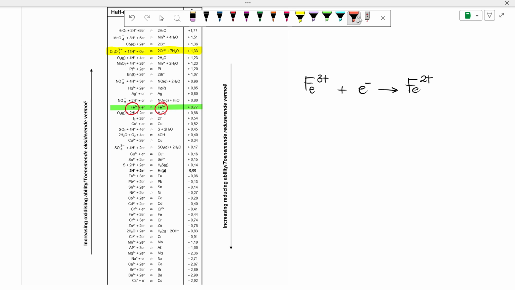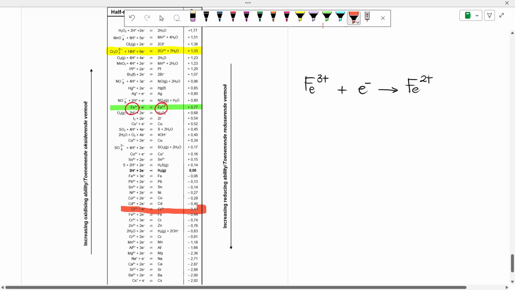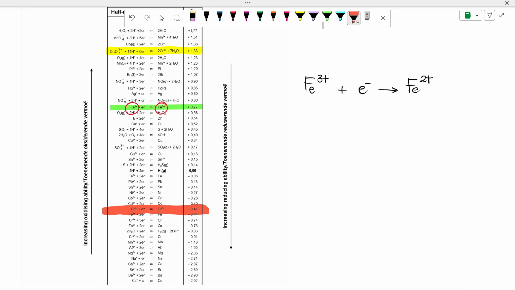The one that I'll highlight in red is not the correct one. Sometimes it's not easy to identify which one is not correct. I've seen a lot of examples where even I am confused. But for Cr it's easy, because this other one in red does not have oxygen in it. So that's pretty easy to identify.